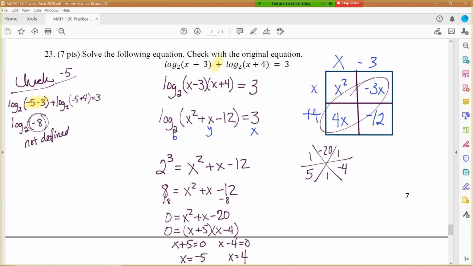So we're going to check 4. So when I check 4, I have log base 2 of 4 minus 3 plus log base 2 of 4 plus 4. If I simplify any of these sets of parentheses, will you get a negative number there?